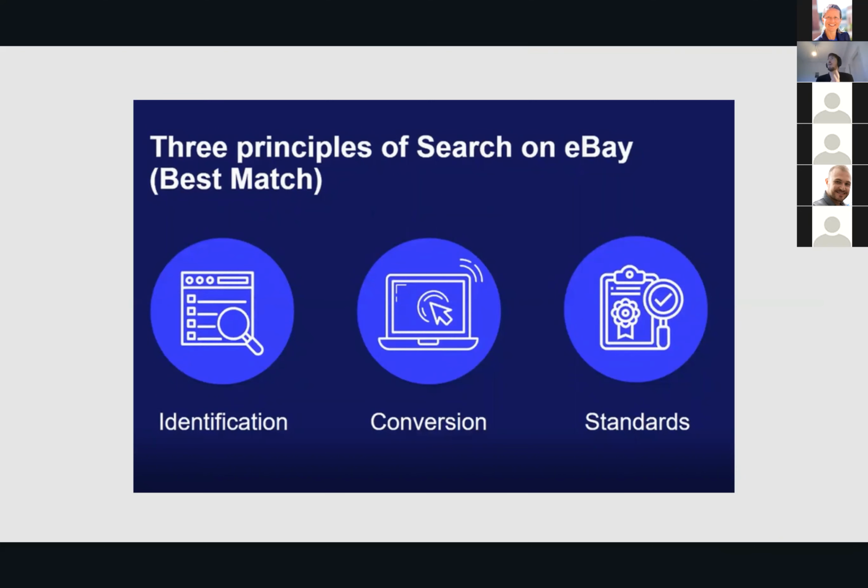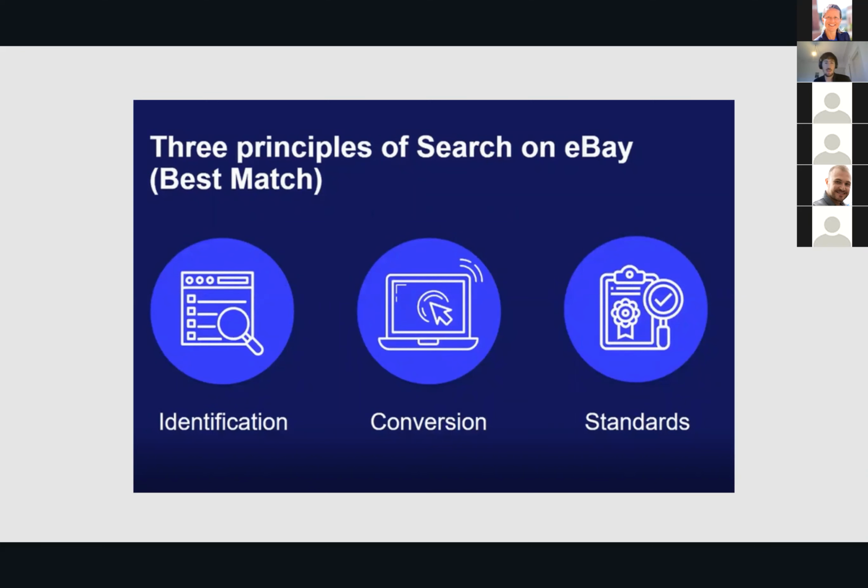As I said before, how do you optimize your product so it gets maximum visibility on search? And so the objective of this session is that you understand how the eBay search engine works and what you can do when you list a product to get maximum visibility.